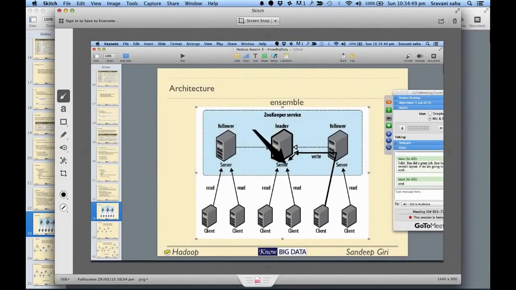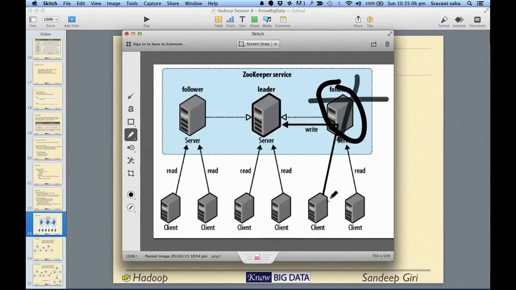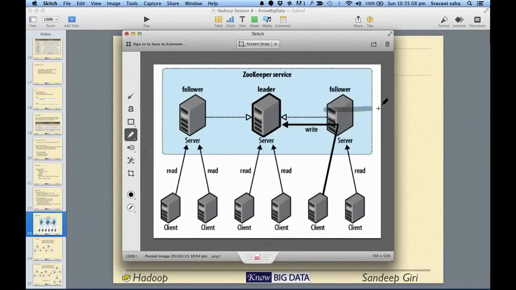Imagine that this one went down, and let's just mark it like this. So this one went down, and the system will keep running fine. The moment this one also goes down, the leader will step down because 2 out of 3 should be available.